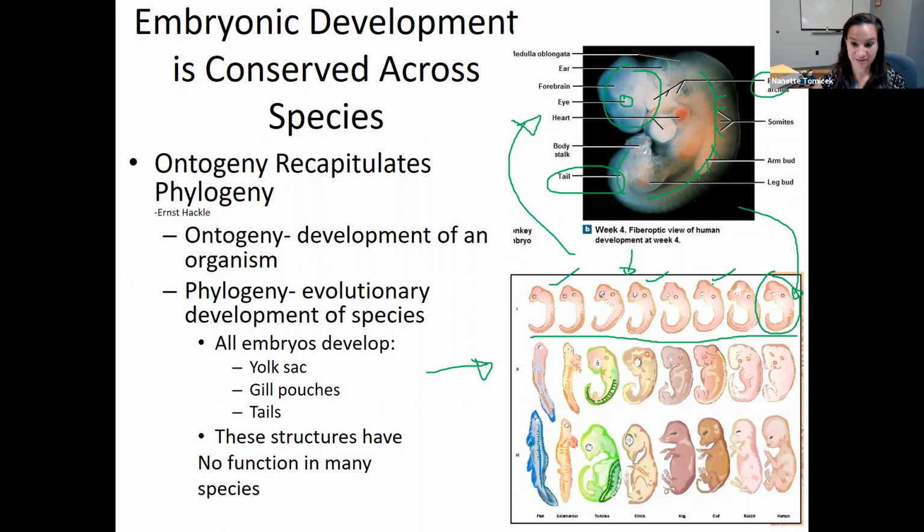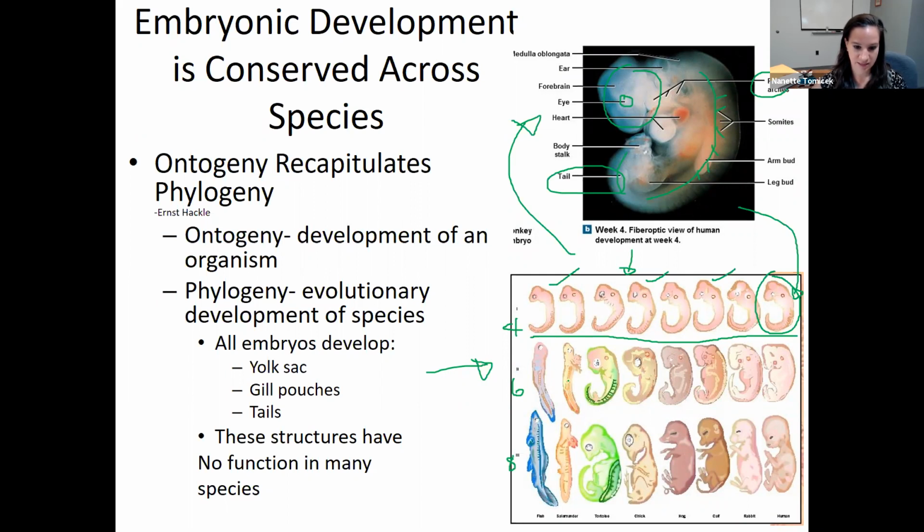They all have heads. They've got these tails. We've all got an eye, somites developing, they've got these structures. And then as we move to the next stage, we'll call this 4 weeks. I'm guessing this is about 6, and we'll call this last one about 8-ish weeks of development.